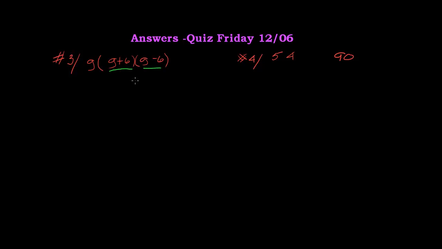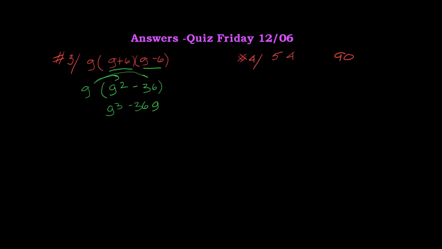One simple way is to recognize that this in the middle under the green here, g plus 6 times g minus 6, the middle terms are going to drop out, and we're going to be left with g squared minus 36, and then we can simply distribute from there, and we would end up with g times g squared is g to the third minus 36g, which is in fact the answer.